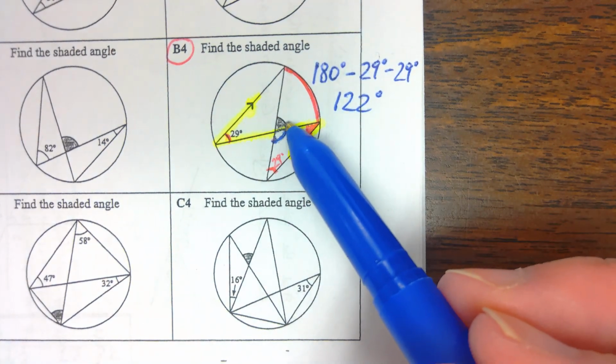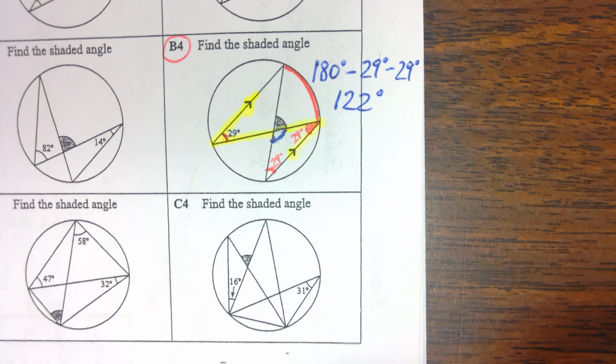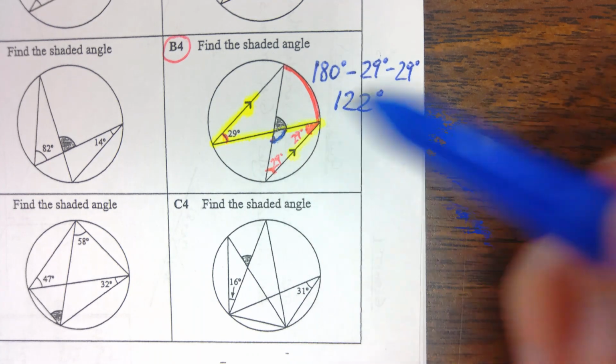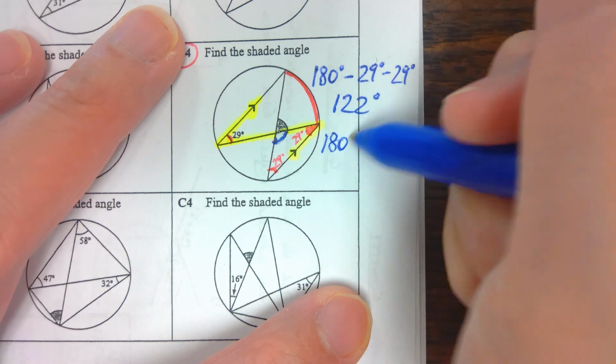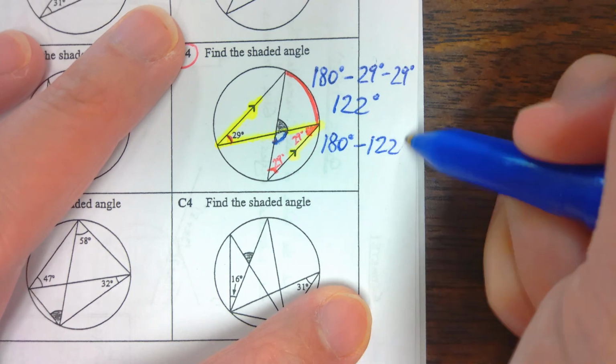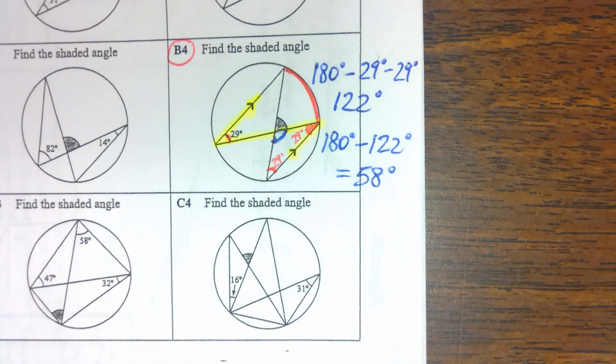But I'm trying to find the shaded angle. I'm trying to find this. So my last step: 180 minus 122. Excellent. So right here, again, I do 180 minus 122, which gives me 58 degrees.